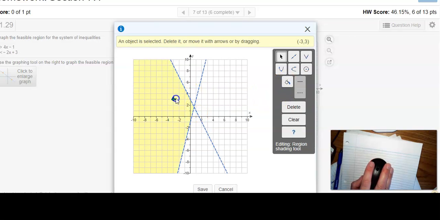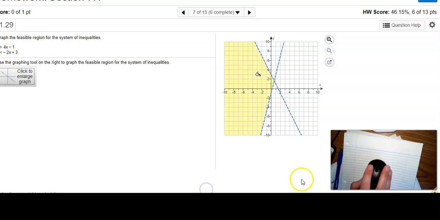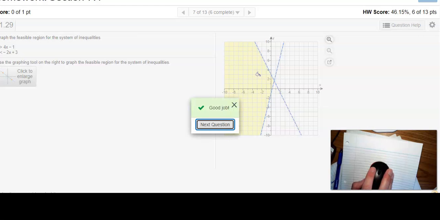I don't want this part or this part, only this part. Let's try 0, 0. 0, 0 is in that shaded part. So is 0 bigger than negative 1? Yes, it is. Is 0 smaller than 3? Yes, it is. So I have graphed the correct spot.